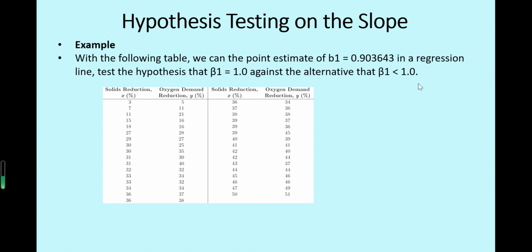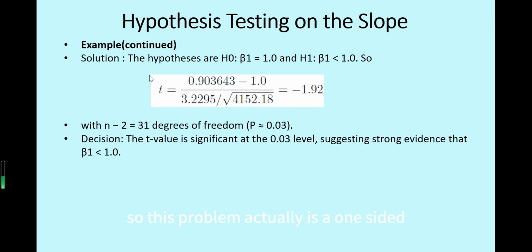This problem is a one-sided t-test. So we form the hypotheses: H0 is beta 1 equals 1.0 and H1, the alternative hypothesis, is beta 1 less than 1.0.